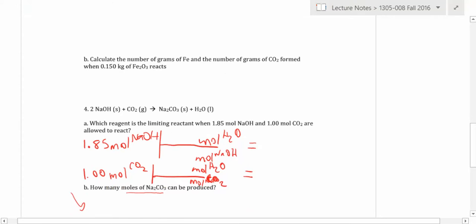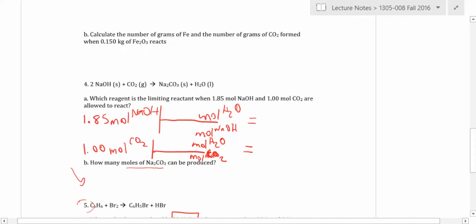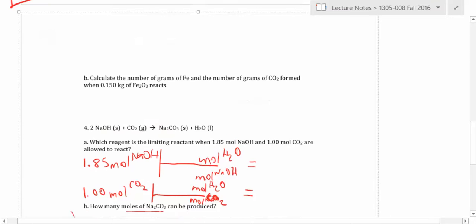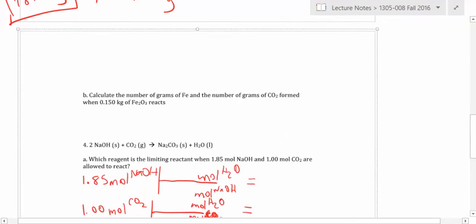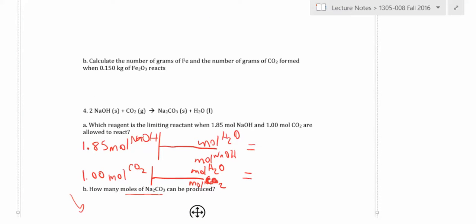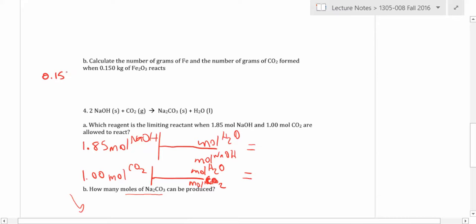So, calculate the number of grams of iron and the number of grams of carbon dioxide from 0.15 kilograms of Fe2O3. What did we calculate? We did carbon monoxide up here. Okay, so here we're going to start with 0.150 kilograms of Fe2O3.